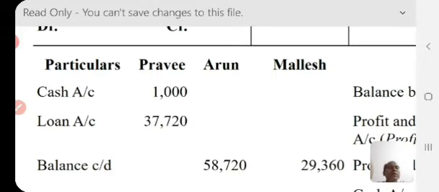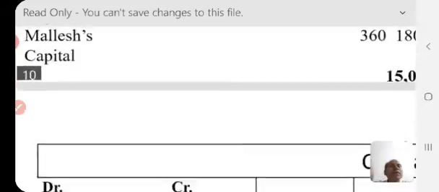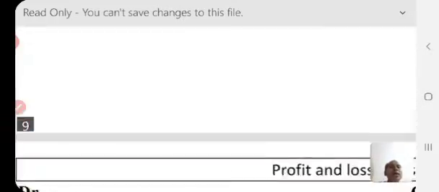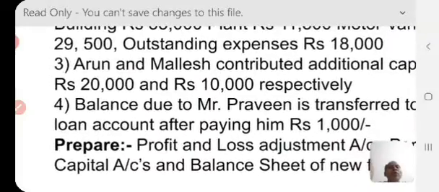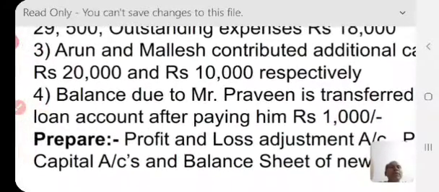1,000 cash is paid to Praveen. See the adjustment concerning this point, the fourth point.